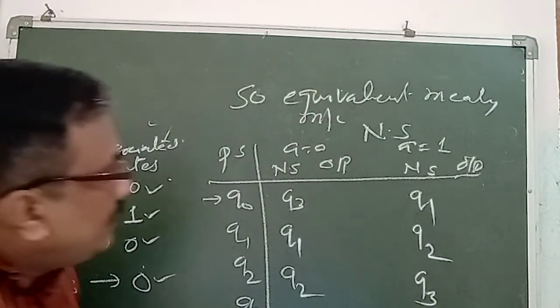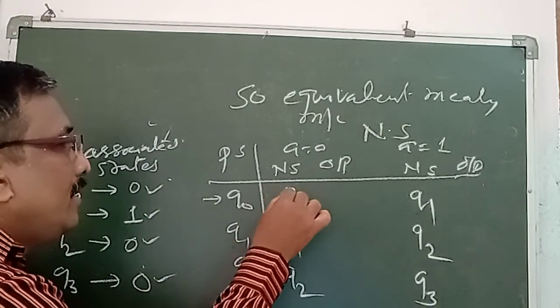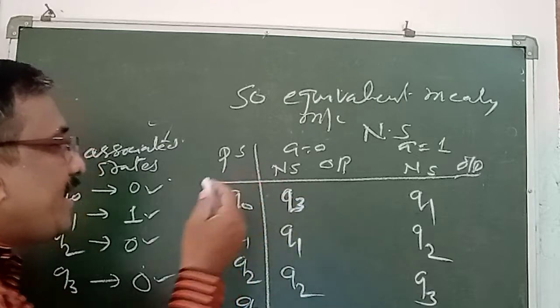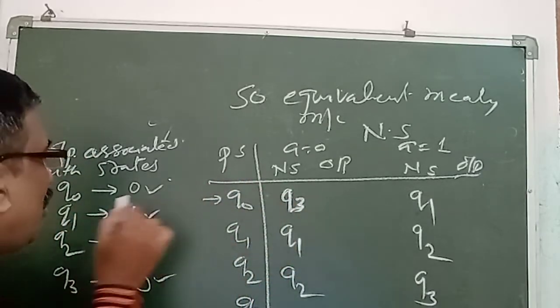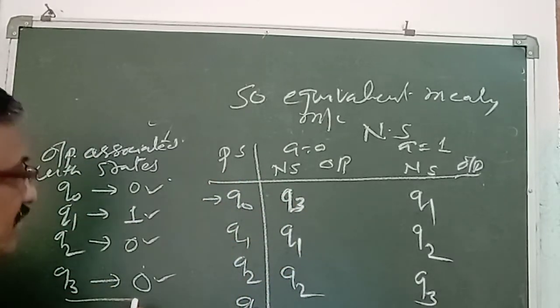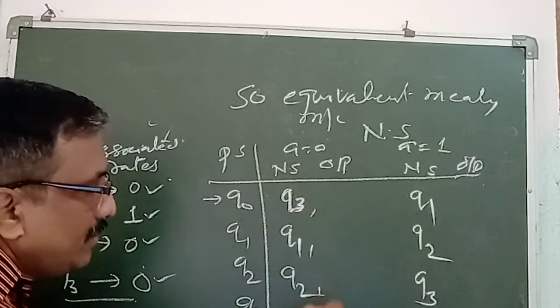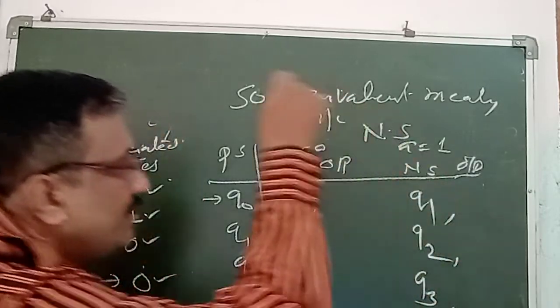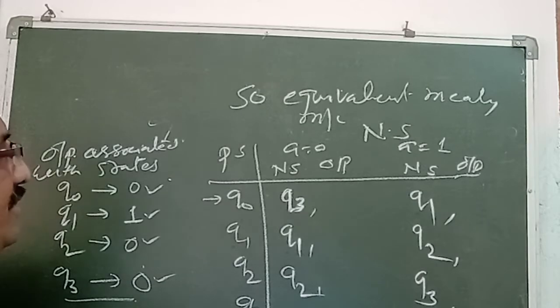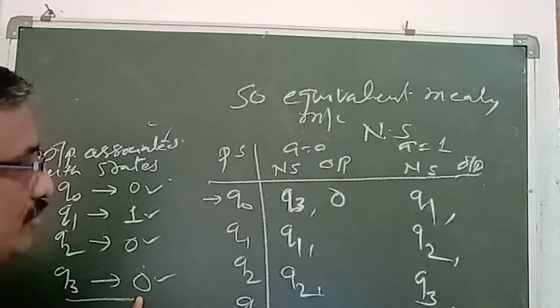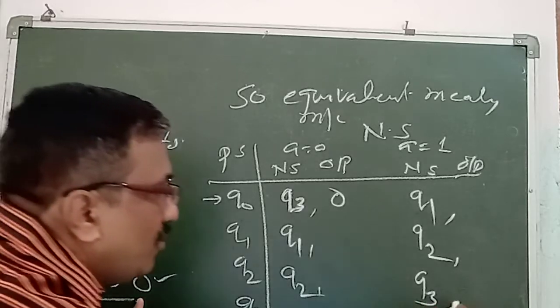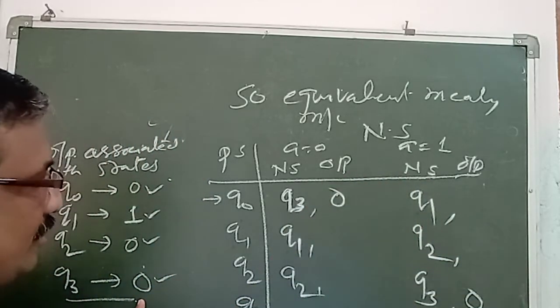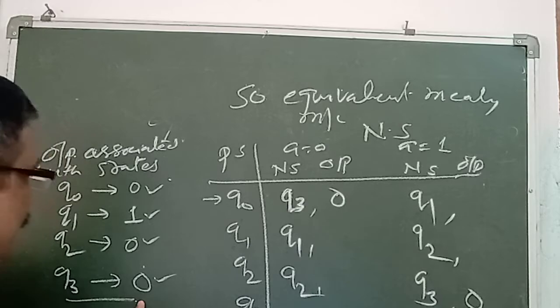And we directly put the output associated with the states beside this next state transition. Like Q3's output is 0, so write Q3 0. Q3's output is 0, so write Q3 0 and Q3 0.